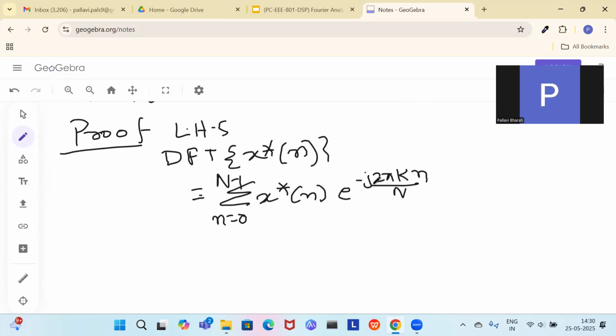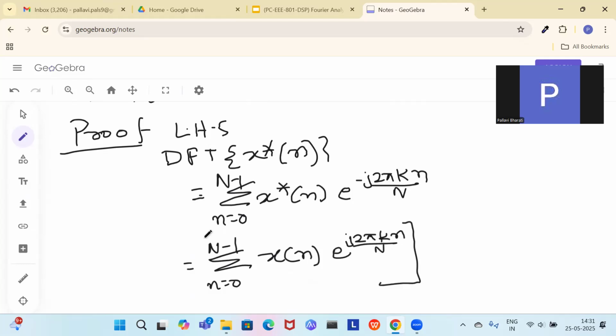Now this conjugation, you will take it outside. So when you take this outside, n is equals to 0 to n minus 1, that time you have already in the beginning I said by conjugation we are changing the sign of the imaginary part. So this sign is going to become positive, e to the power j2 pi k n by n, and the whole thing is under the star mark.